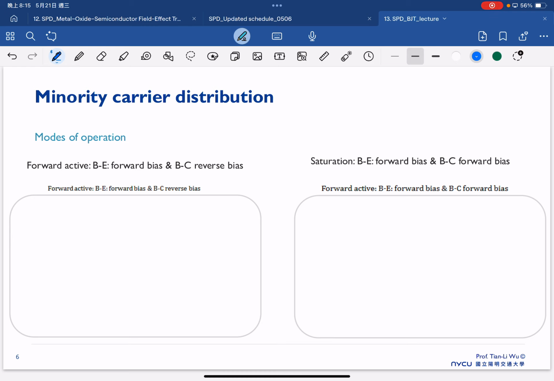There is one conclusion that says the current transport in a PN junction is dominated by the minority carrier.